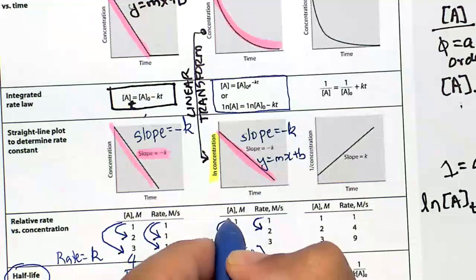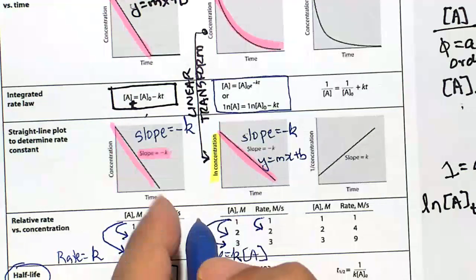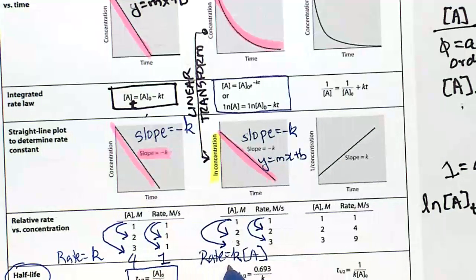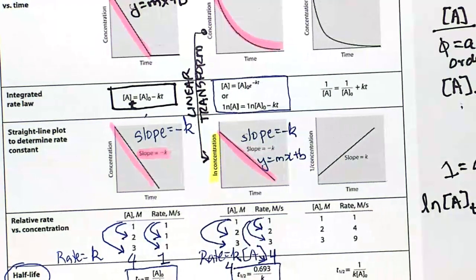What happens if we triple the starting material? It jumps 3 times. What happens if we quadruple it? The reaction rate will also quadruple. So that is first order. This is the equation for the half-life, 0.693 over k.